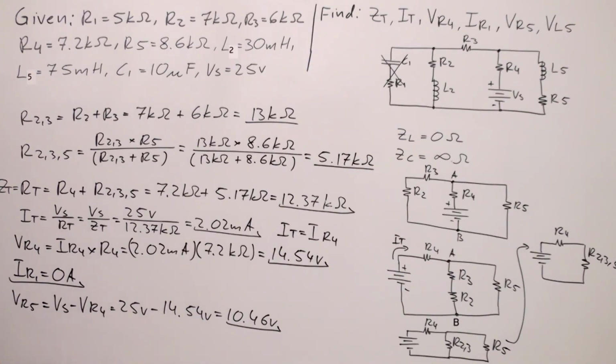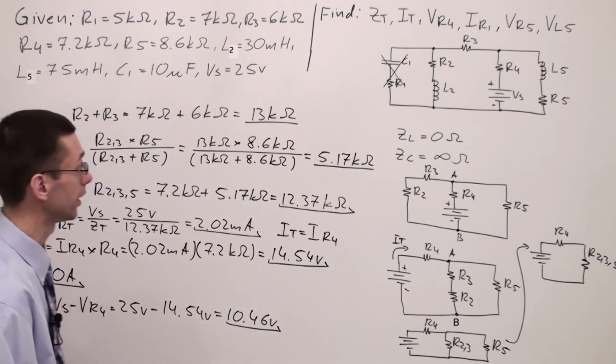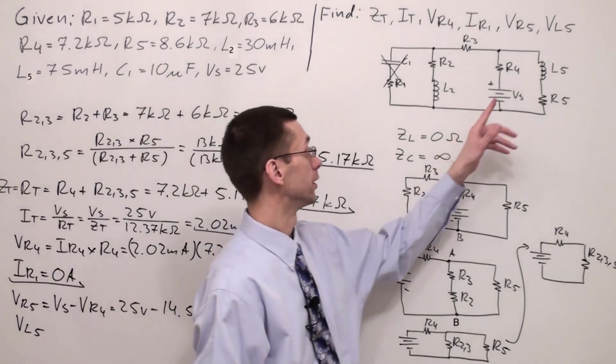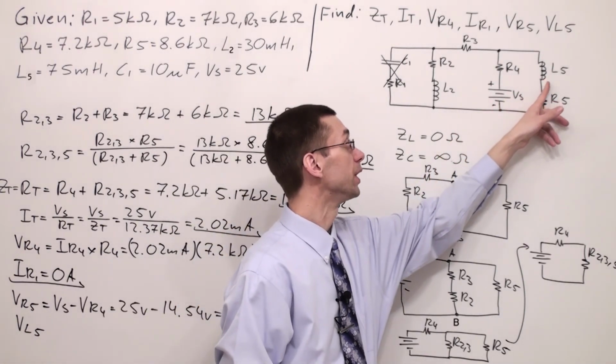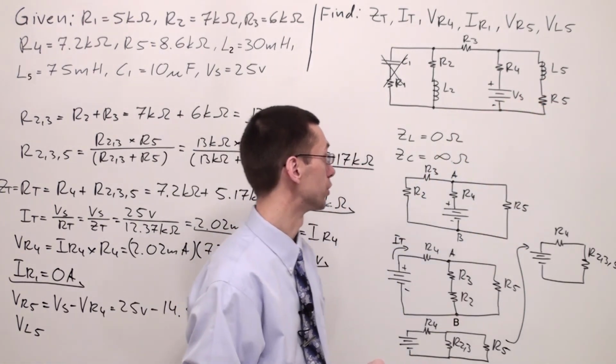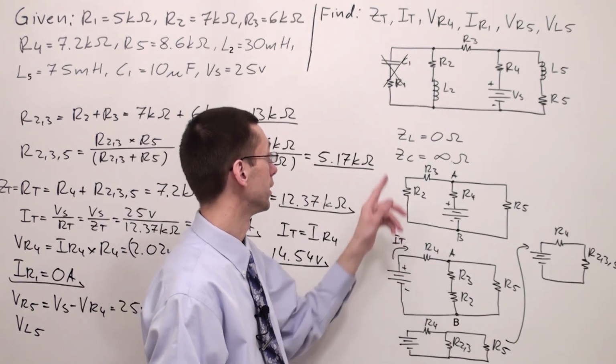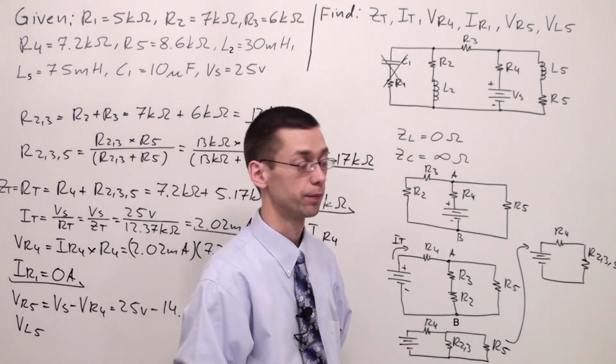Next, we're supposed to find the voltage across the inductor. You're supposed to realize that the impedance of the inductor, if it's not specified, is equal to 0 ohms.